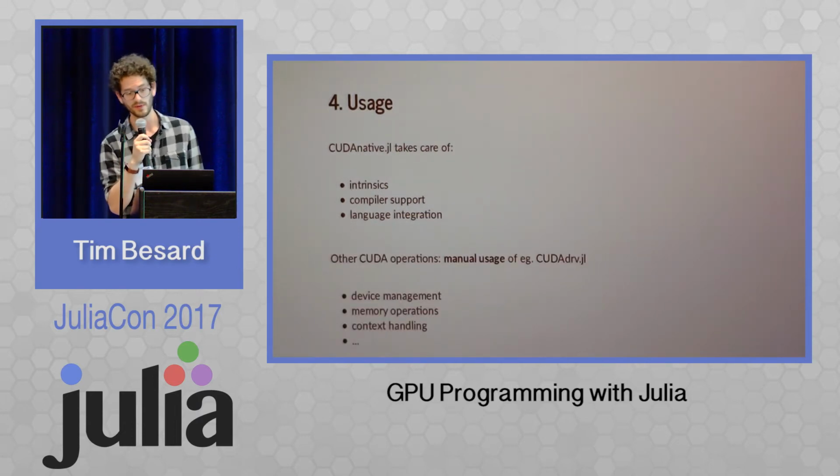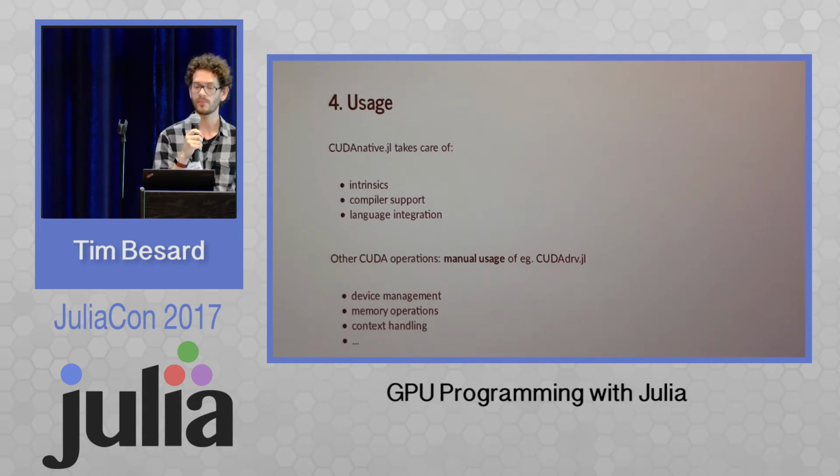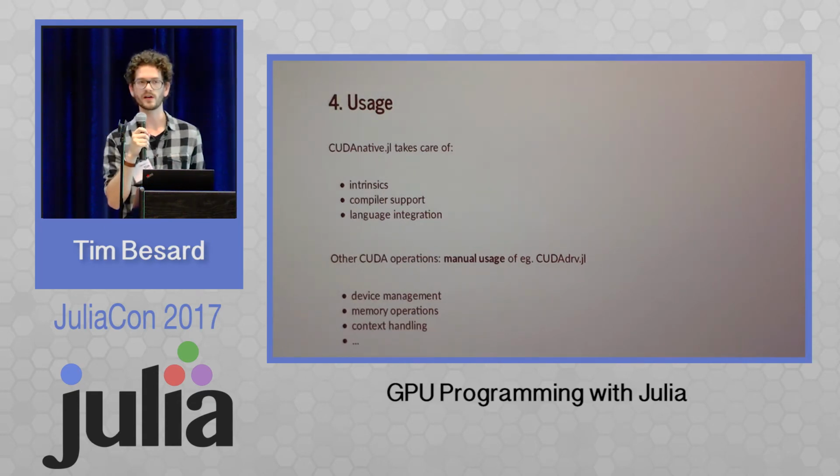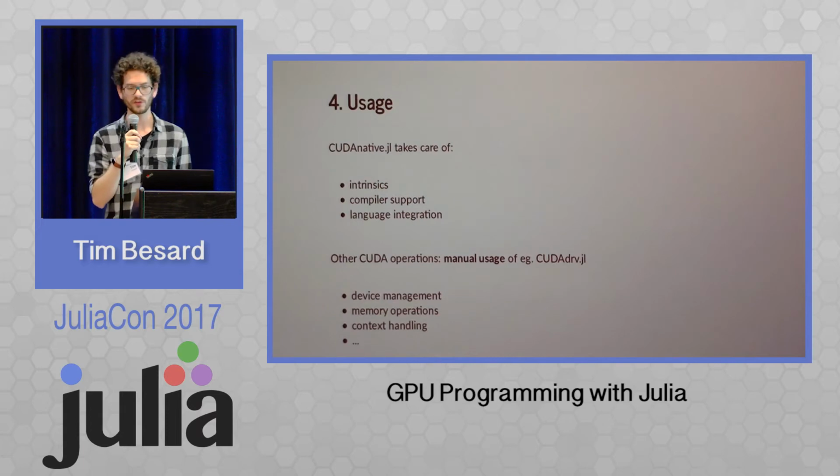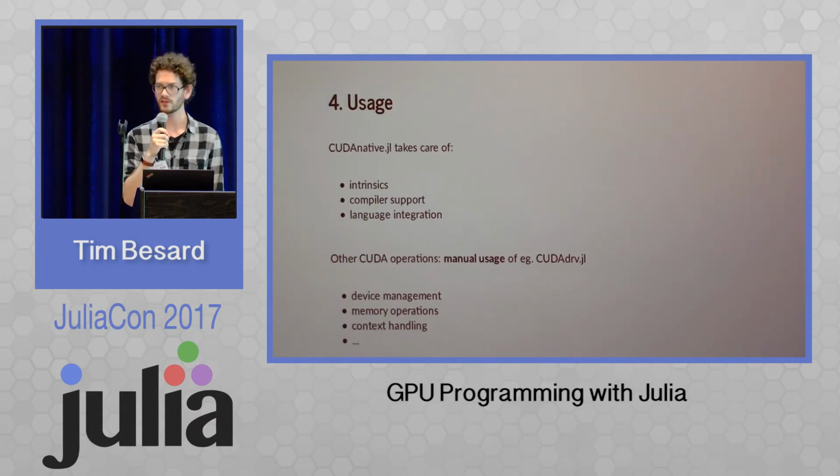However, at the same time, you still need another library to manually interact with the CUDA APIs, for example, to manage your device, to manage operation, to allocate arrays, and to handle the execution context. You can use different packages for that. We have developed CUDADriver.jl to be used within CUDAnative, but there's also Tim Holy's CUDART.jl, which mostly offers the same functionality but based on the slightly higher level CUDA runtime API.